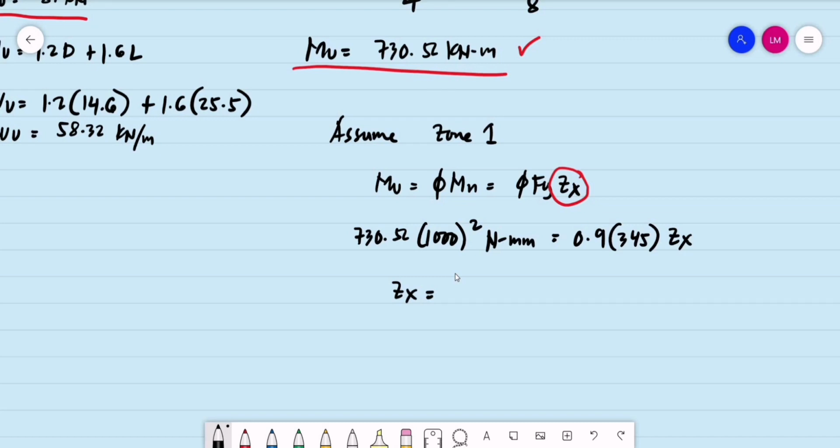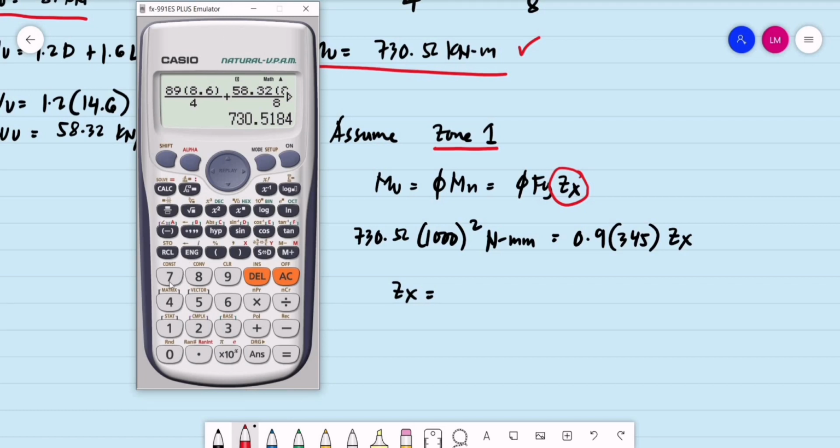Later on, we need to check if it is really under zone 1, zone 2, or zone 3. So let us compute for this reference value. 730.52 times 10 raised to 6, divided by 0.9 times 345, then divided by 1000. That is 2352.72.